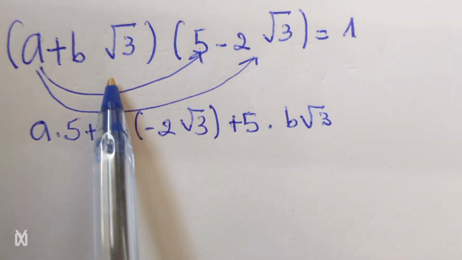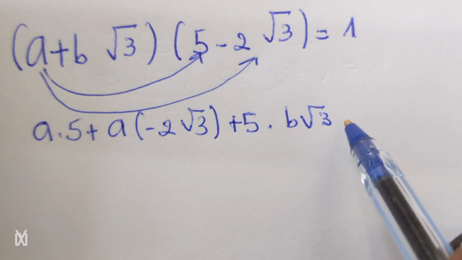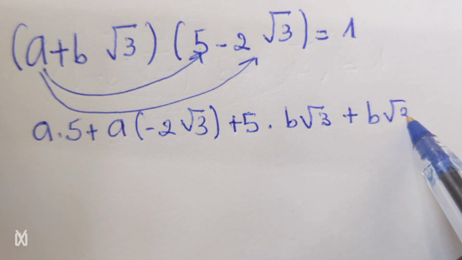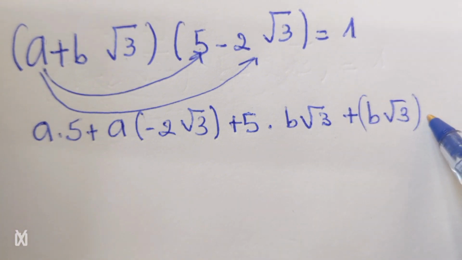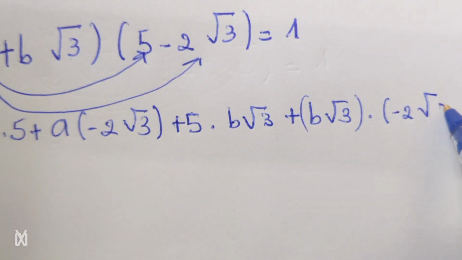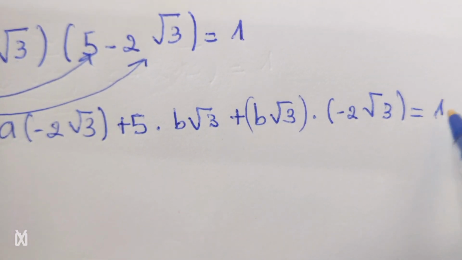Then we have b square root of 3 times this negative 2 square root of 3, so let us write plus b square root of 3 times negative 2 square root of 3, which is equal to 1.